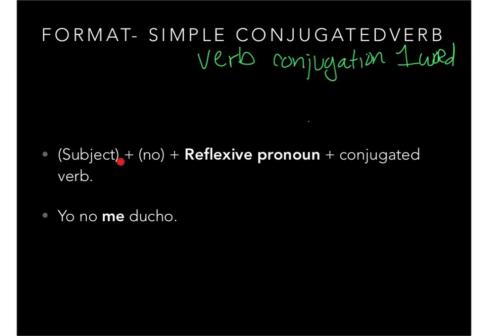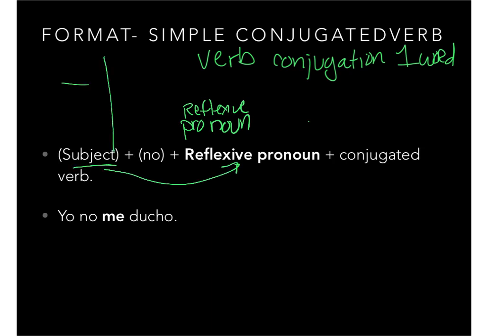First, you can say the subject or not. It's optional still. If you are going to put one, it's going to happen right here before the reflexive pronoun. So step one is going to be choose the reflexive pronoun. And you're going to choose the one that matches your subject, okay?